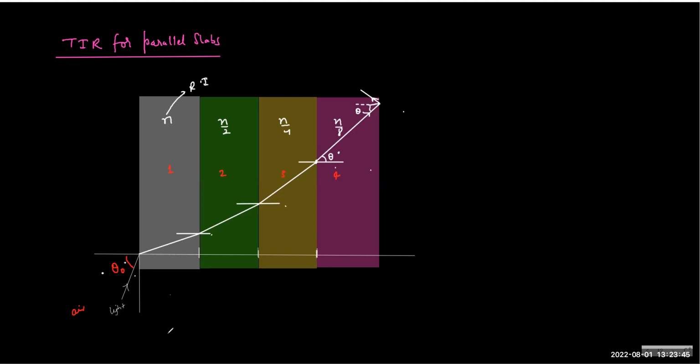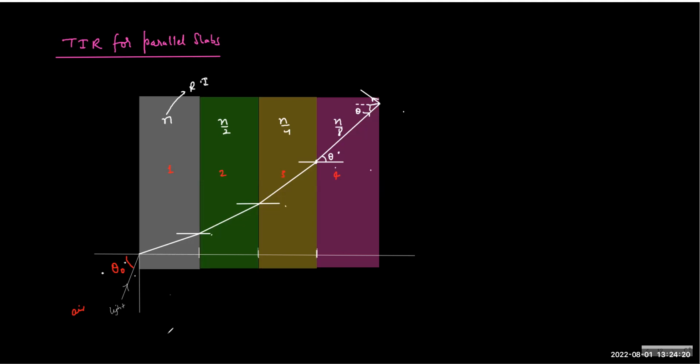So in case of TIR, as you reach the critical angle, the transmission will be 0 and the reflection will be 100%. If you read the graph, a light ray traveling in a glass medium is incident on a glass-air interface at an angle theta. The reflected and transmitted intensities both as a function of theta are plotted.